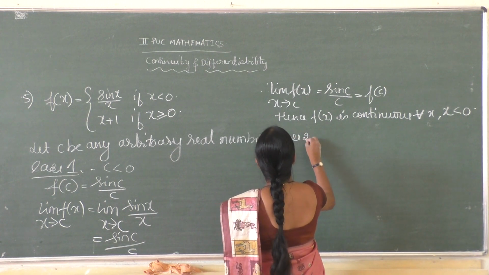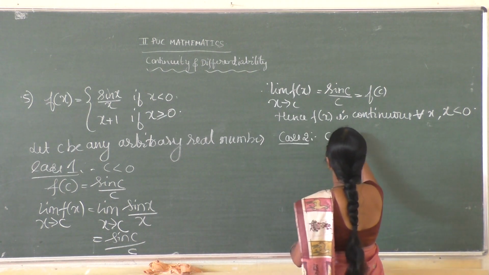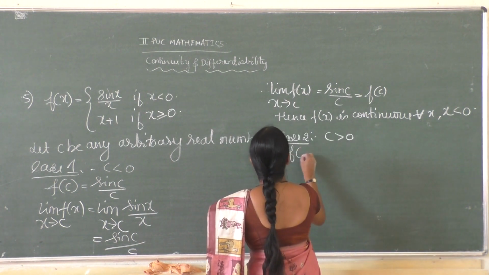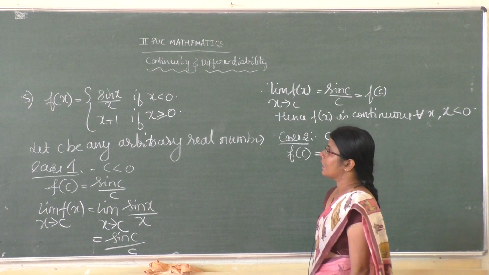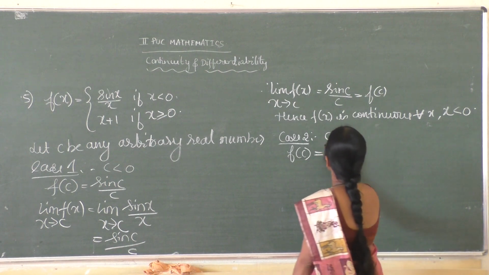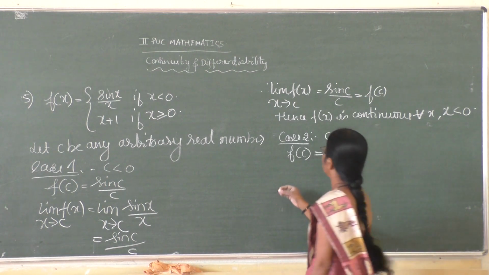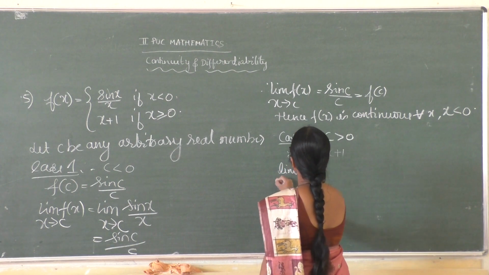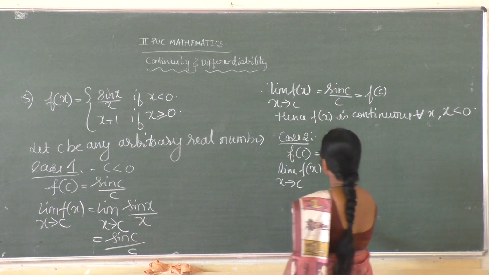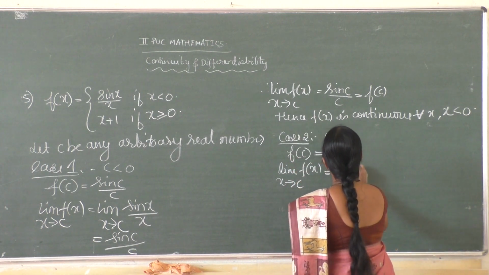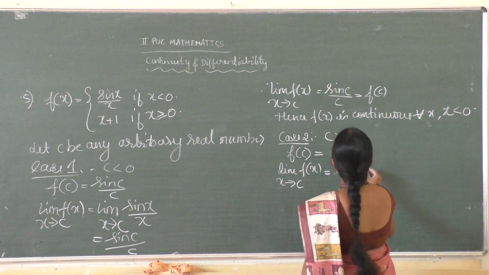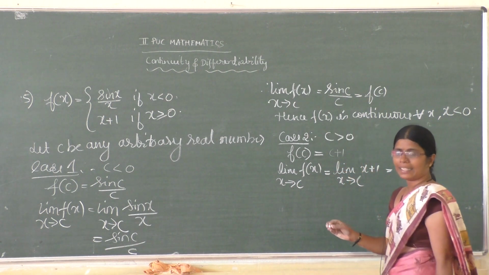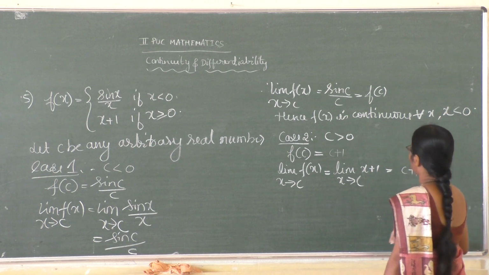Case 2, c greater than 0. Okay, c greater than 0, then f of c equals c plus 1. Then the limit of f of x as x tends to c equals the limit of x plus 1 as x tends to c, and that equals c plus 1.